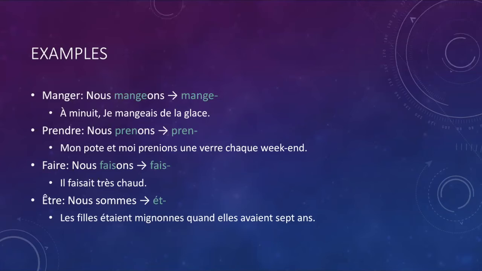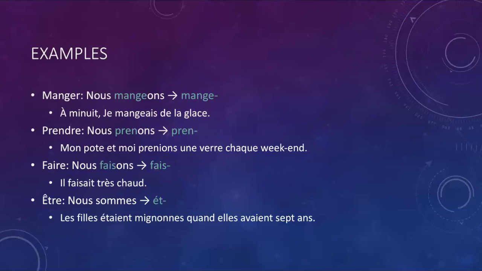And last but not least, let's use one with être. Remember that this is the exception, because nous in the present tense, as we know, is nous sommes. But we can't use that really. We can't chop off an -ons ending.